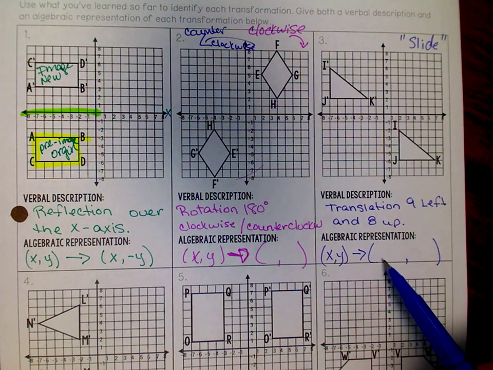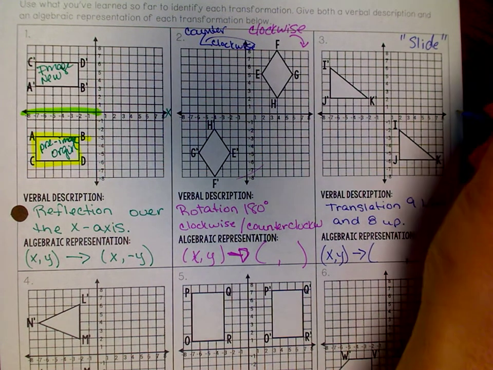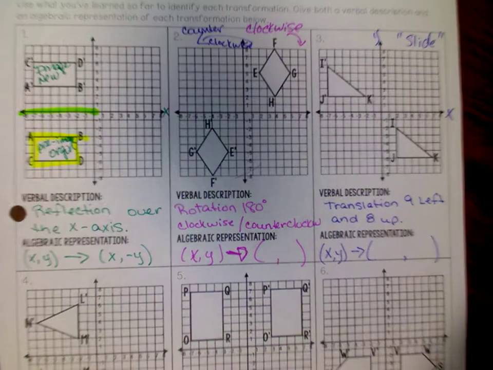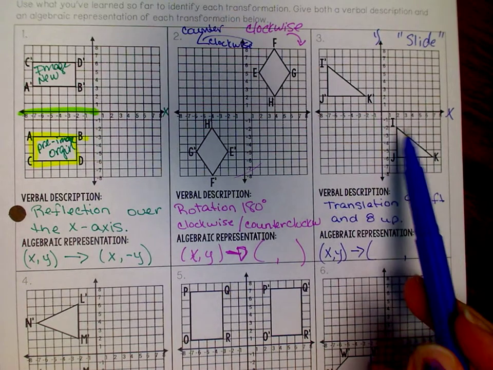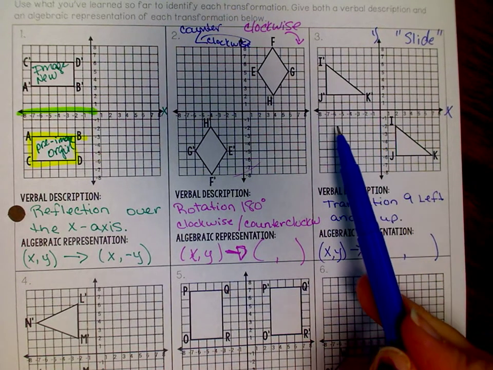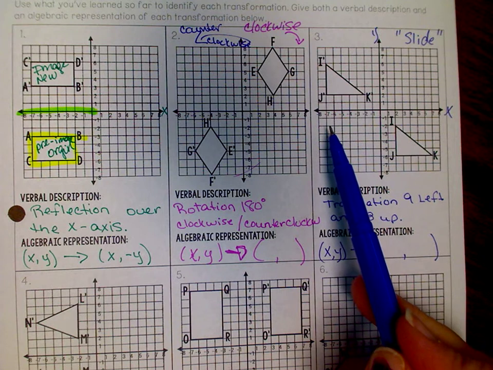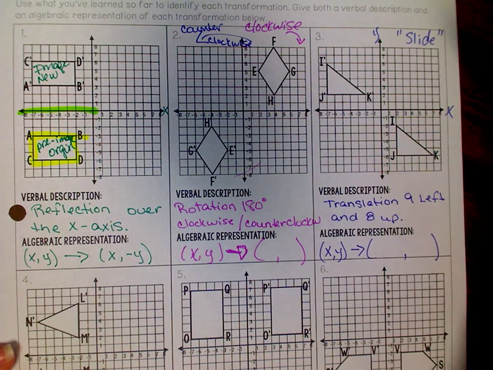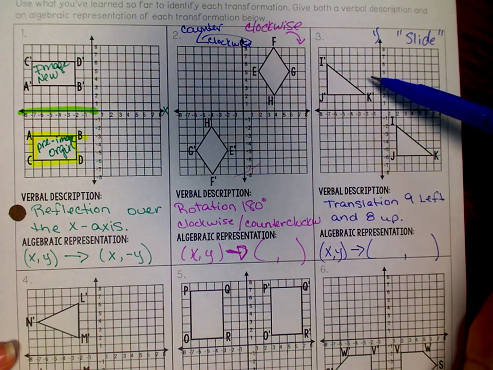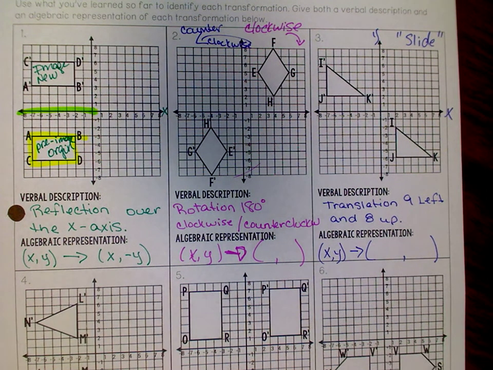So this would be x minus 9, because this is our x, this is our y. Our x would be left 9, so that's x minus 9. And your y is going up, so you're adding 8 to whatever it was. Make sure you're filling in your notes. Number 4.